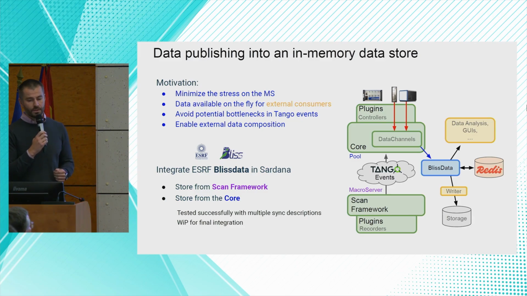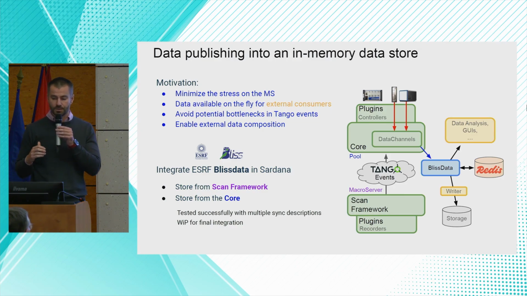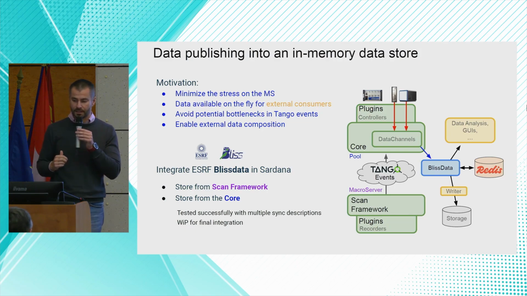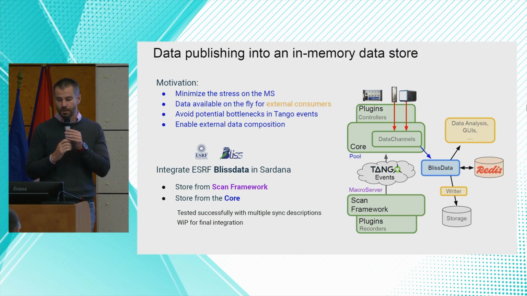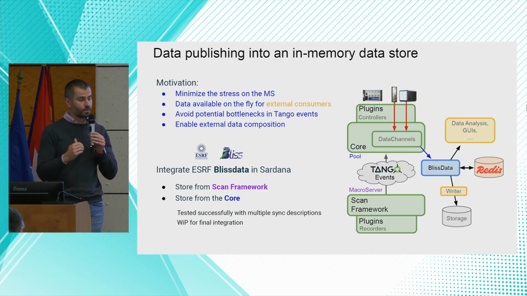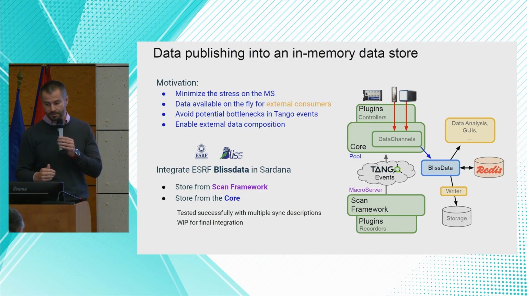And we do it using the Bliss data library from the ESRF. Currently we publish data from the very upstream part of Sardana, which is directly from the device pool, which, using the Bliss data library, publishes data to the Redis database.